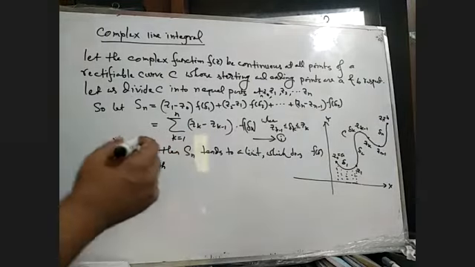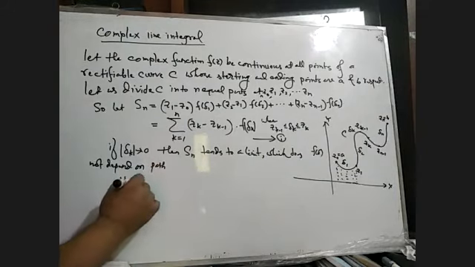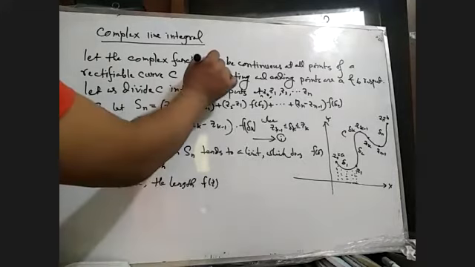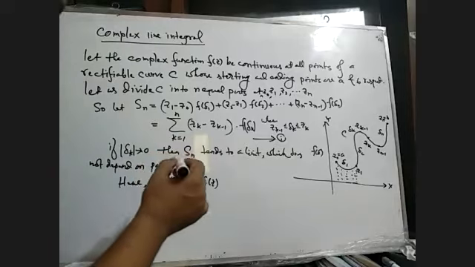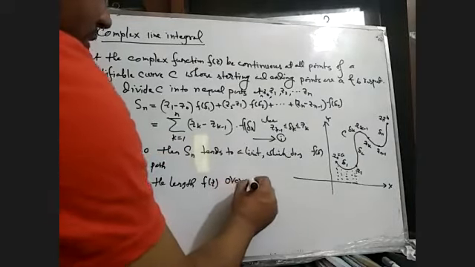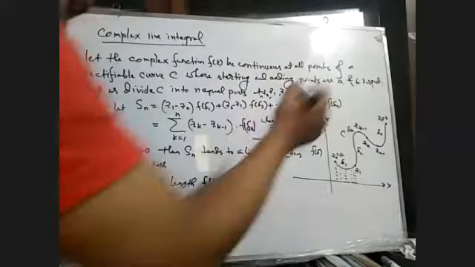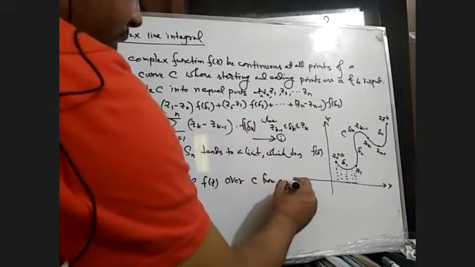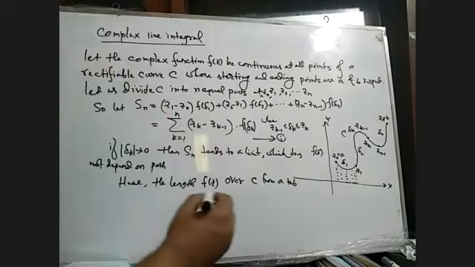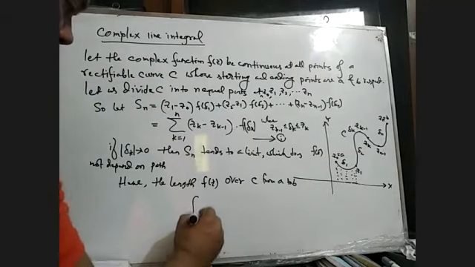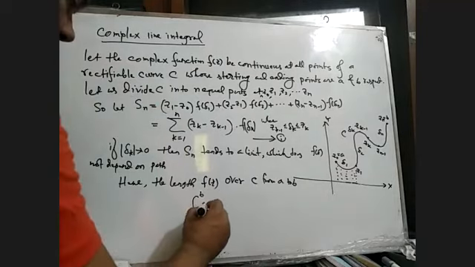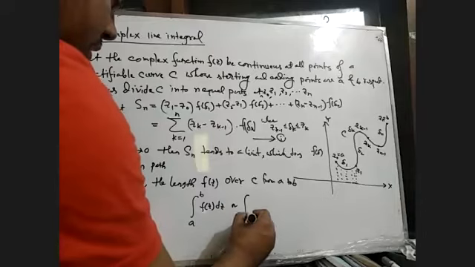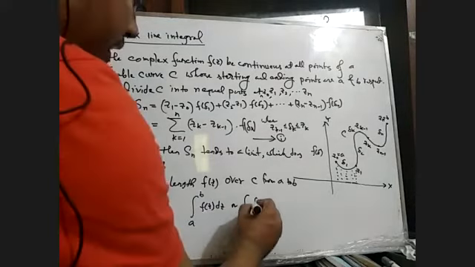So hence the integral of f of z, the complex function, over the whole rectifiable curve C from A to B, can be denoted by the integration from A to B of f of z dz, or we can write it over the rectifiable curve C of f of z dz.